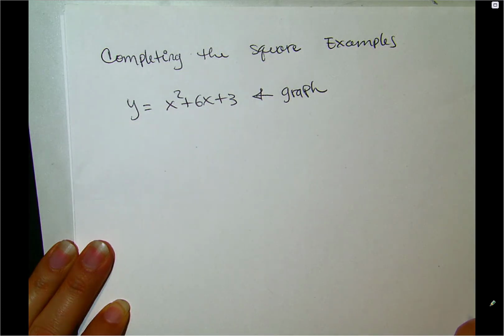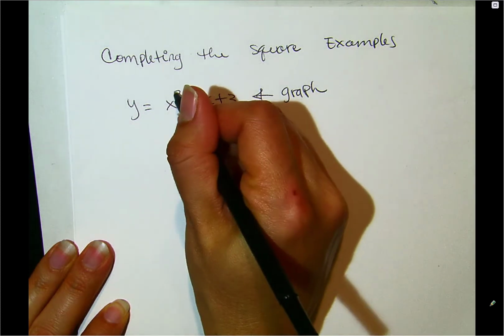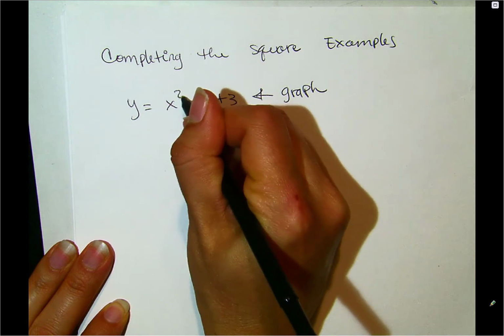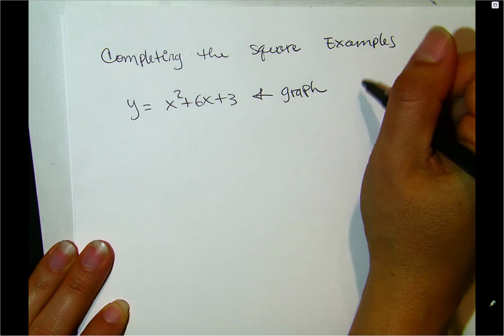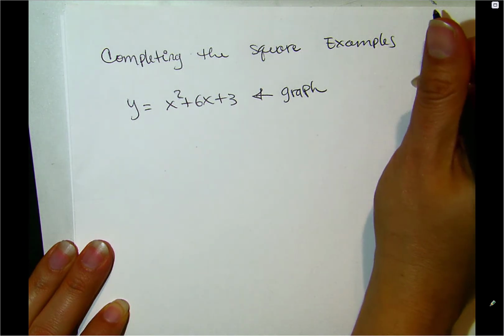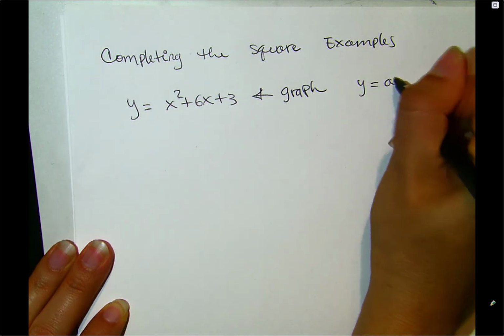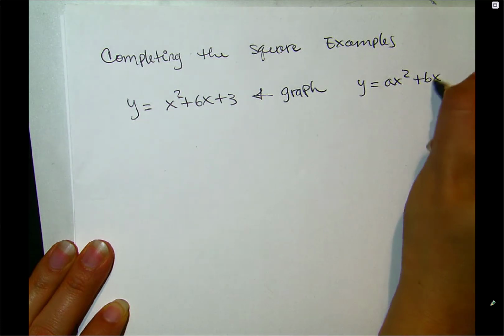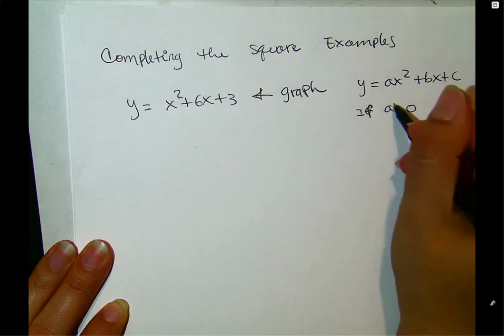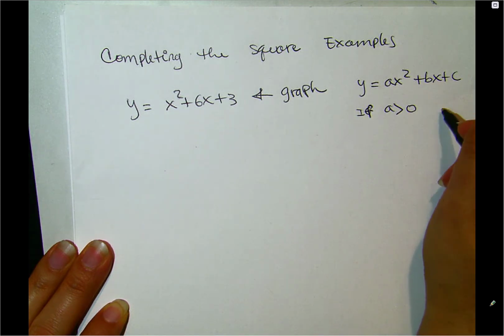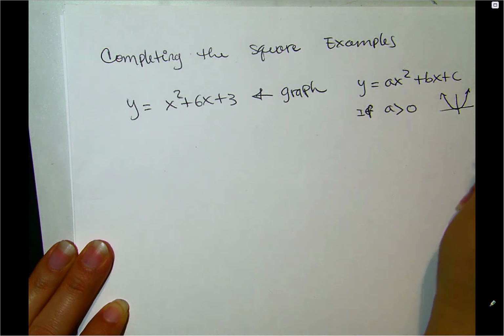So in order to graph a parabola, as soon as you see that this is a quadratic, the highest degree is a 2, that's a quadratic equation, the graph is going to be a parabola. And so we talked about how if you have ax squared plus bx plus c, if a is positive, greater than 0, then you have a happy face parabola, so it opens upwards.